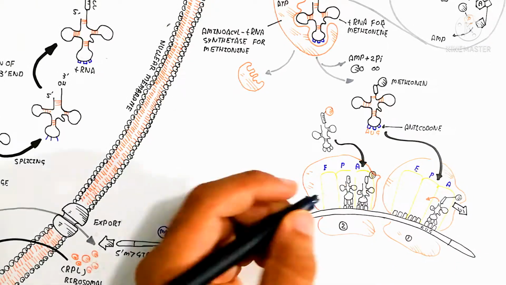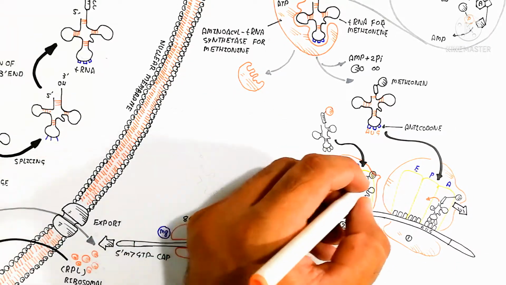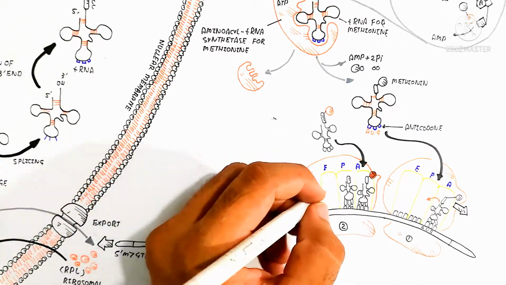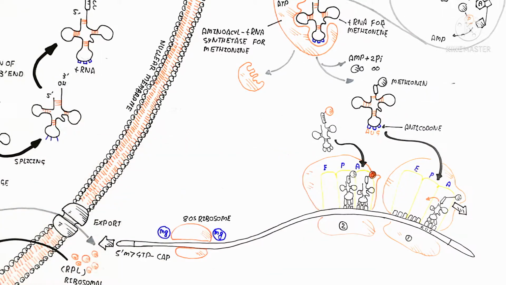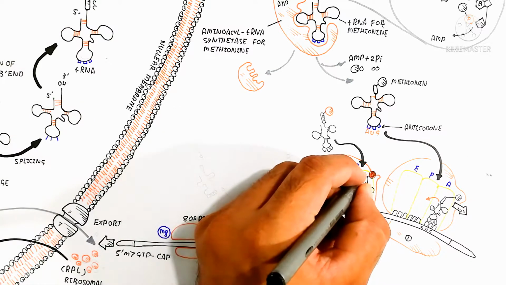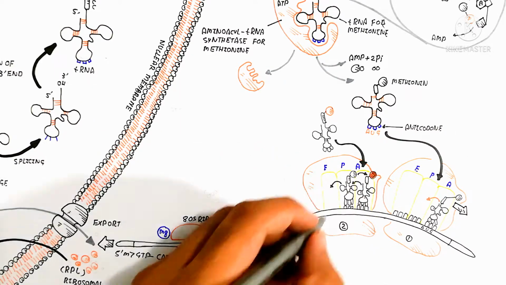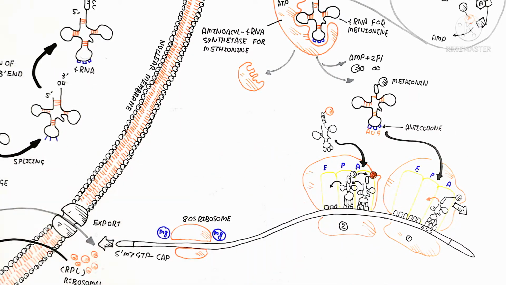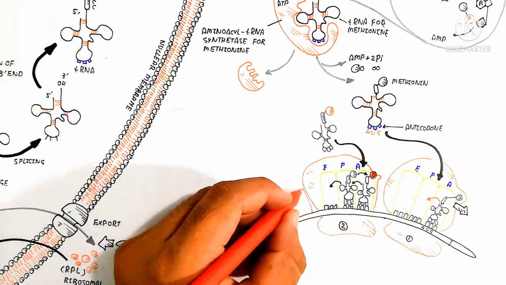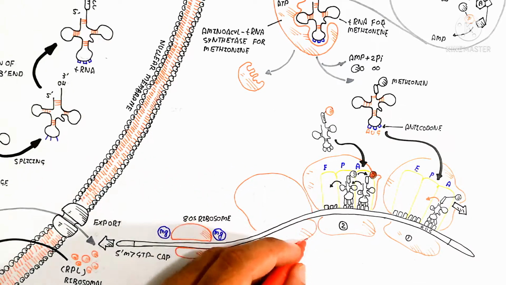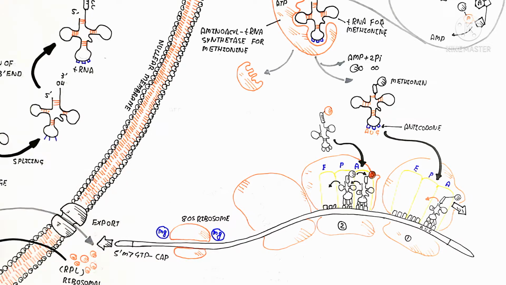Basically I am drawing just one ribosomal subunit. So here the methionine will be shifted to the peptidyl site, the P site, and the addition site will add more transfer RNA.